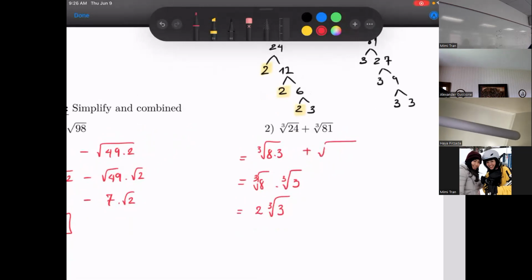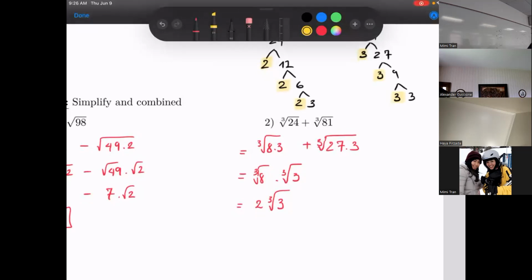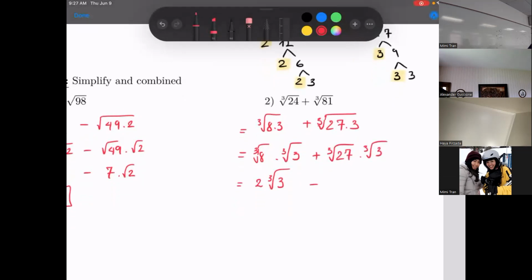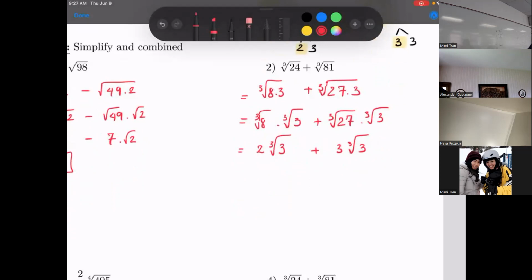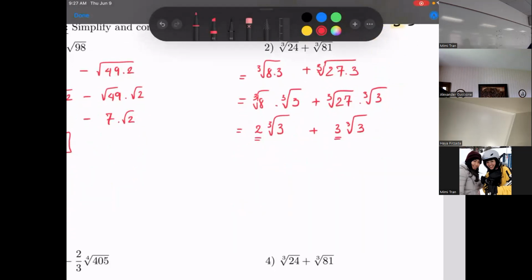So plus cube root of 27 times cube root of 3. Cube root of 27 is 3, and cube root of 3 stays cube root of 3. And now you have like terms because they have the same index and same radicand. 2 plus 3 is 5.